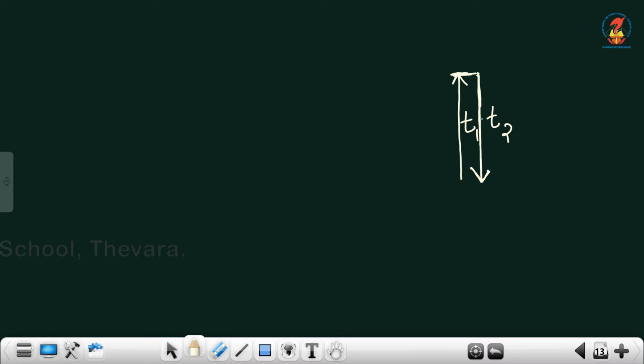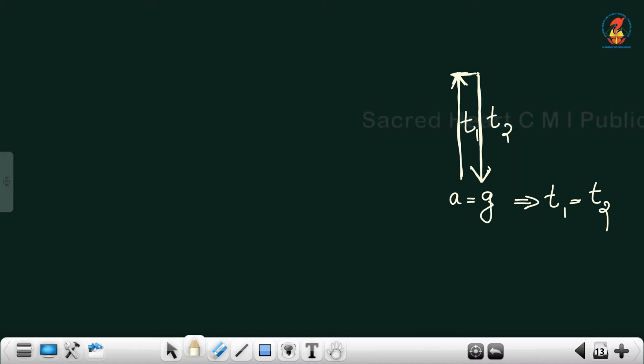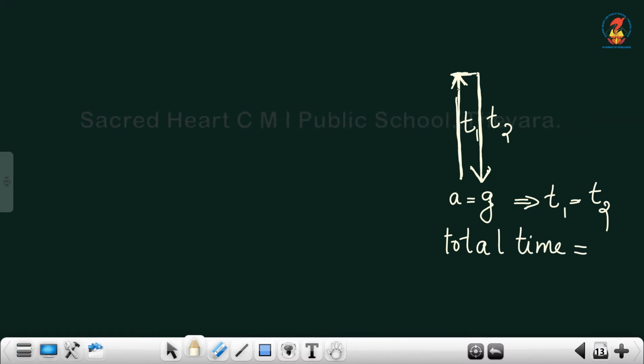Since the object is following the same path and the acceleration of the object is completely due to gravity, t1 will be equal to t2. The total time taken to reach back the ground is t1 plus t2.